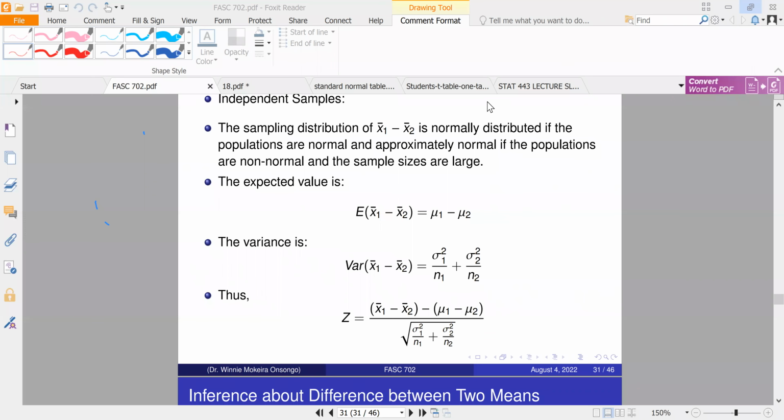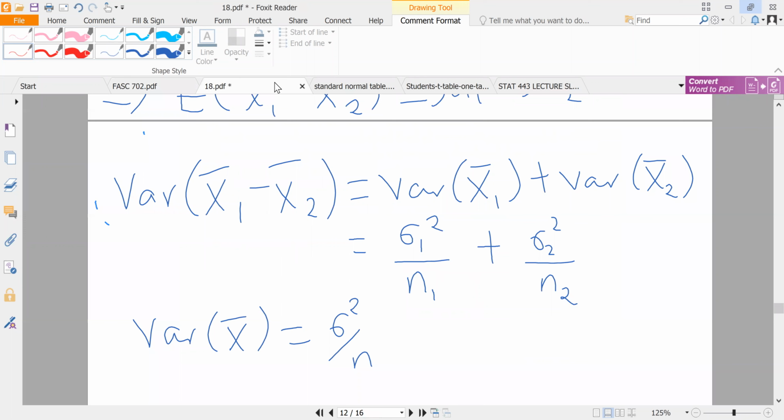Yes, the variance of x1 minus x2. It said it's equal to variance x1 plus variance x2. So that's why I said, can you please check the formula? Yes, it's correct. Okay. Why is it not minus, but it's positive?